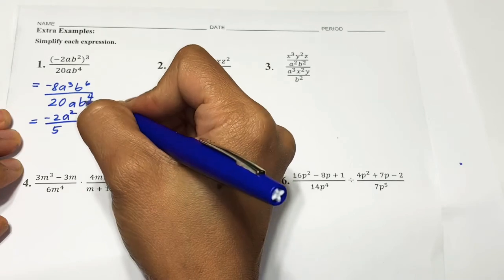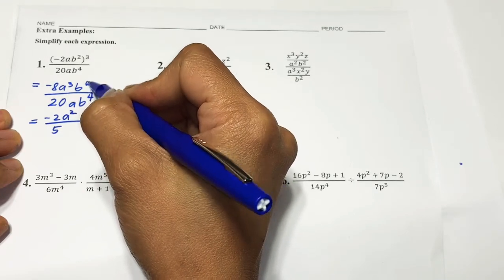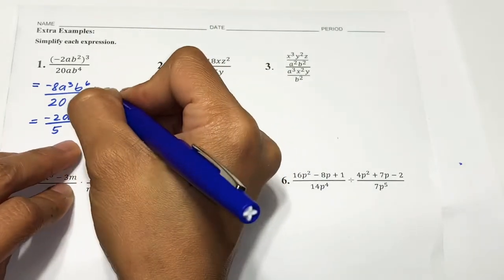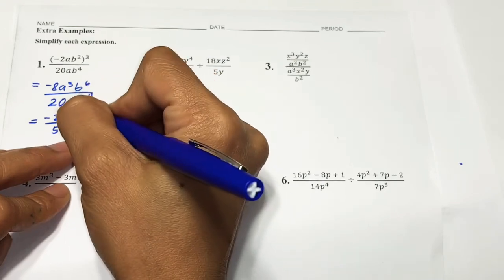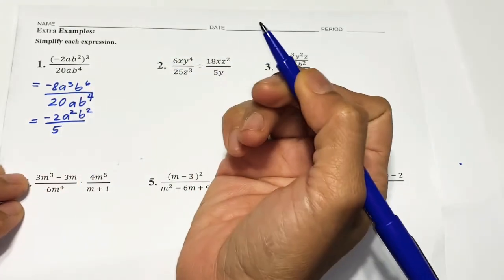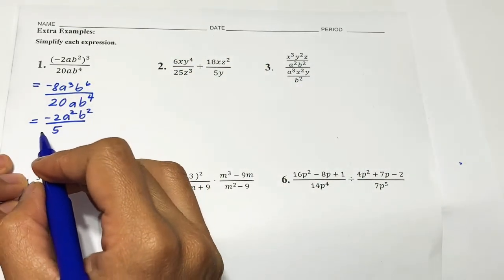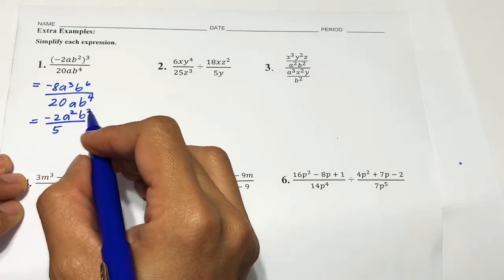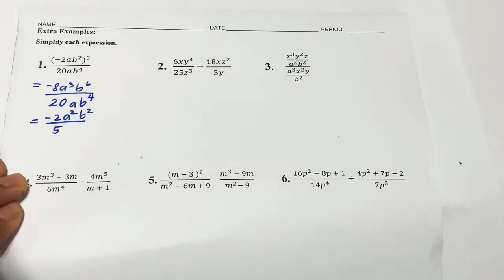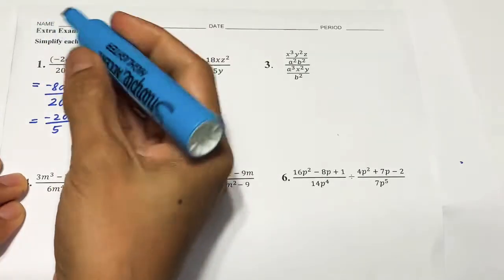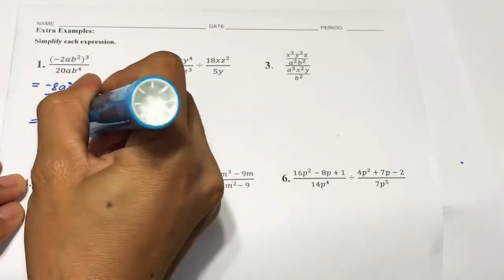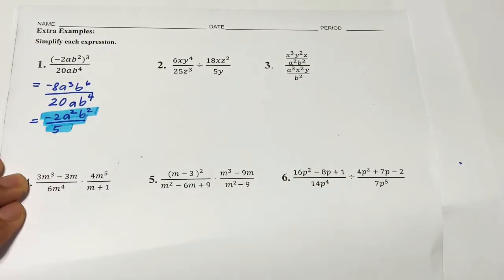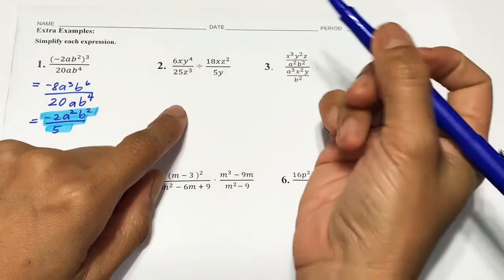Then b to the 6 divided by b to the fourth, so you have 2 left, and there's more in the numerator. So b squared. Final answer, negative 2a squared b squared over 5. I'm just going to highlight it. So that's the answer.